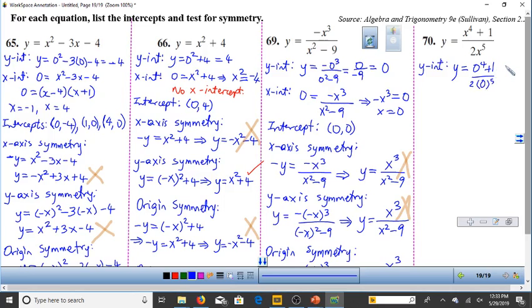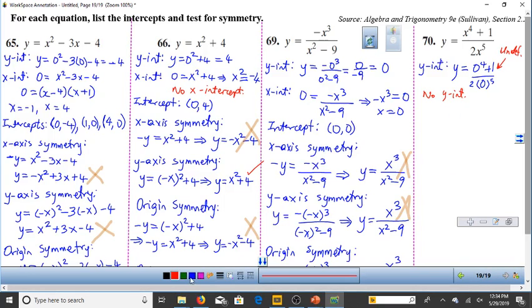And that does not give us solutions. So since there's no solution to that, this is undefined. In other words, there's no such number that works. Since it's undefined, then there's no y-intercept.